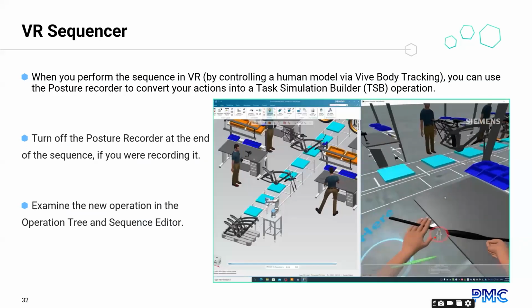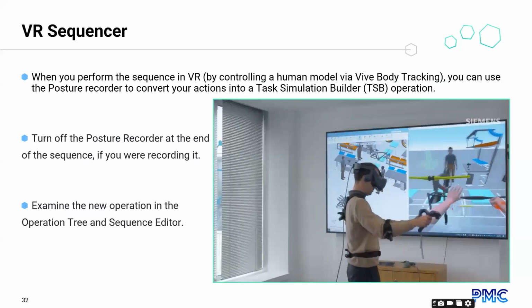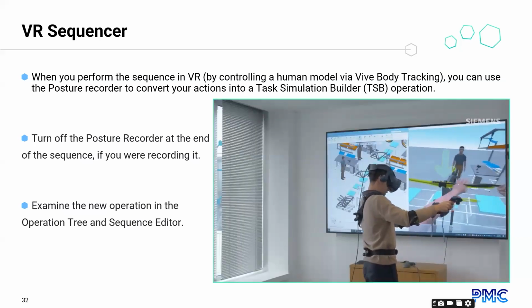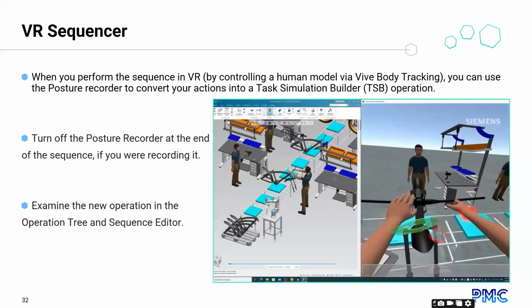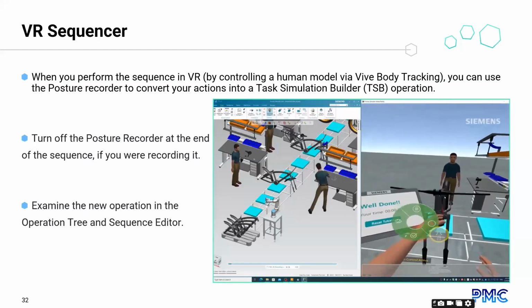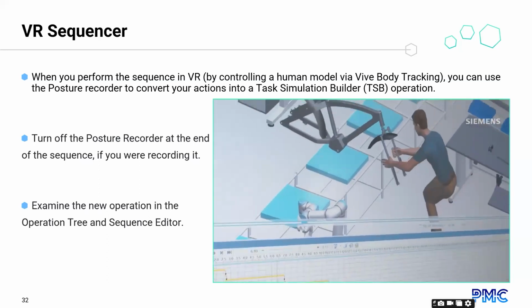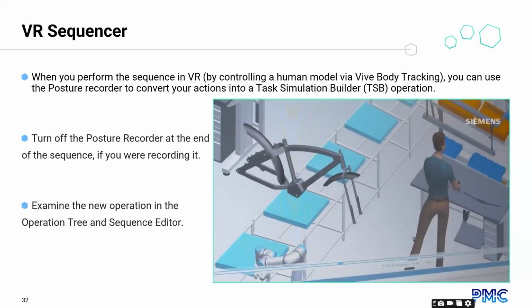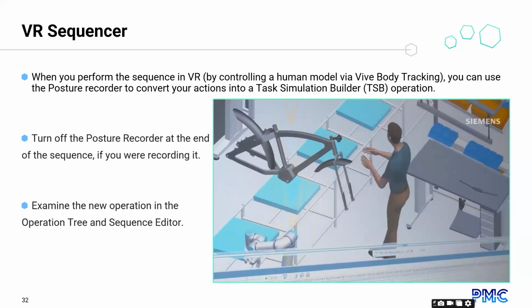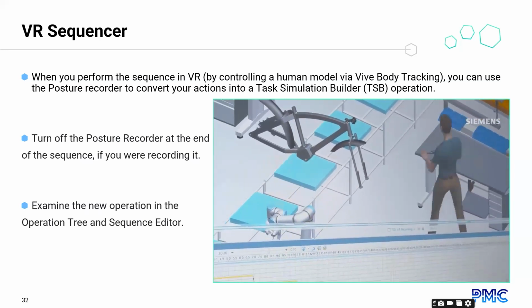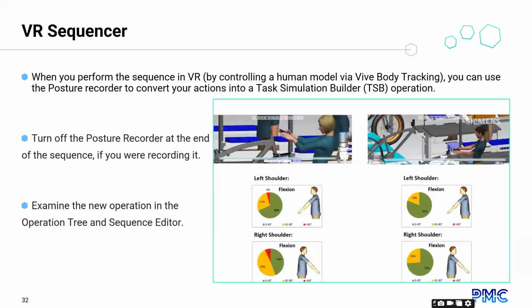For example, if the arm movement wasn't very good, you can make these fine adjustments directly to the operation you recorded. You can see in this video, the human's movement is captured and passed to the avatar through the trackers.